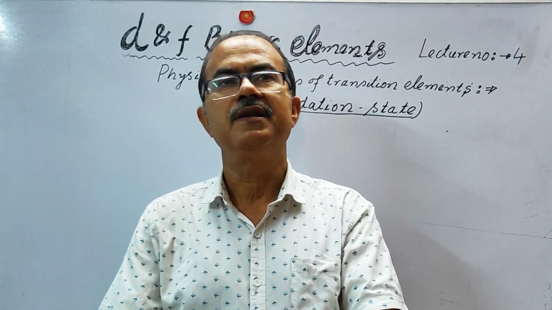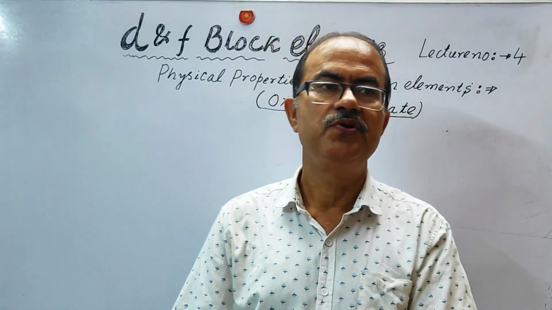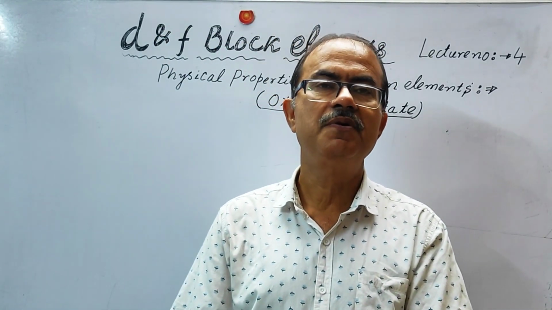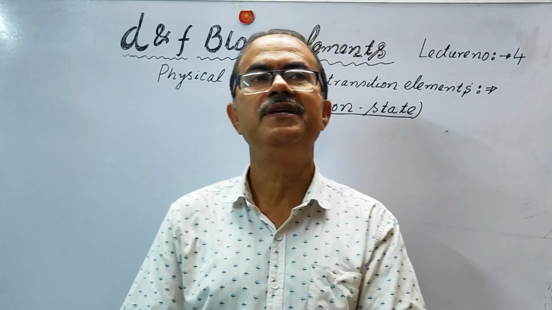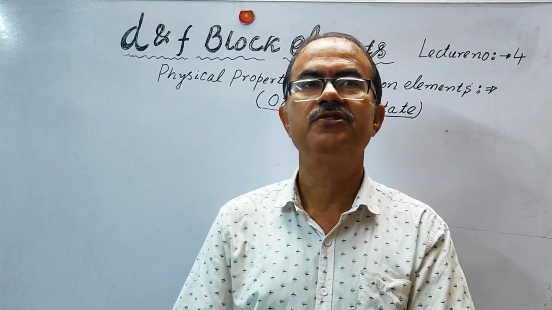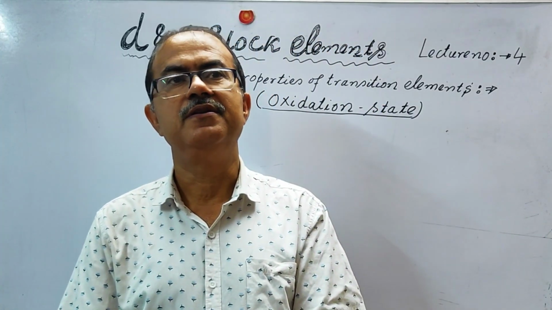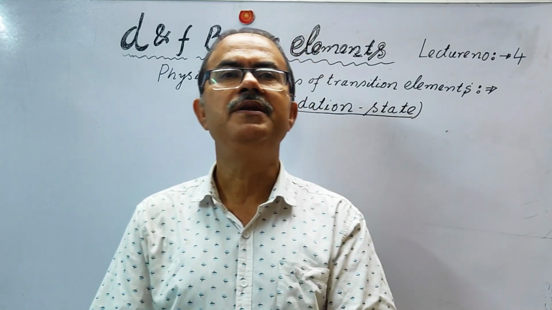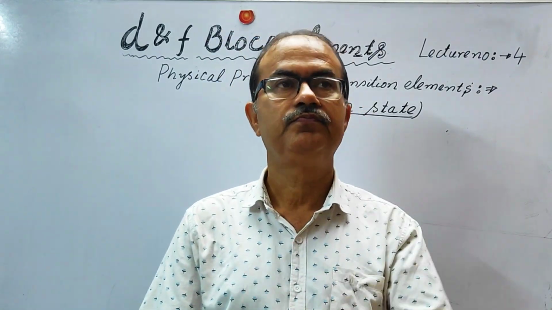All the transition metal elements, when we study, what we find is that except the first member and the last member of each series, they have variable oxidation states in their compounds.